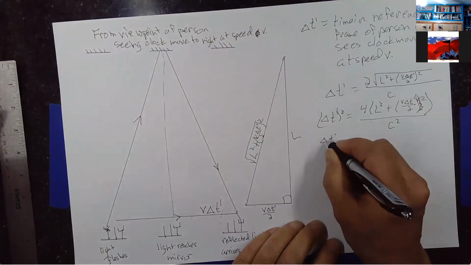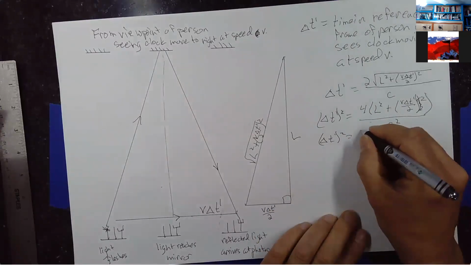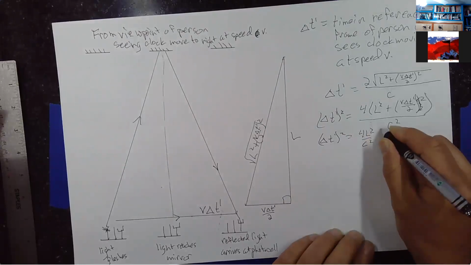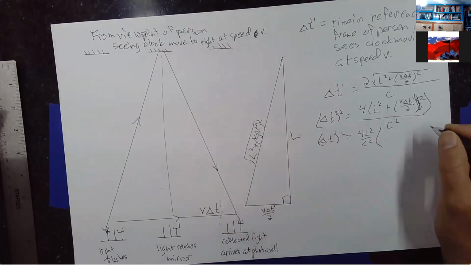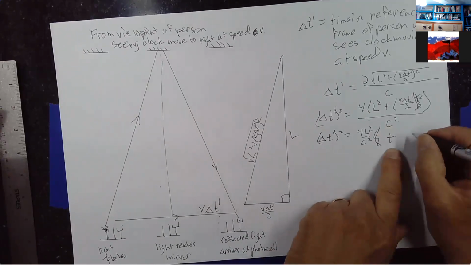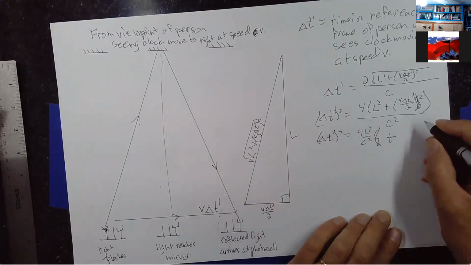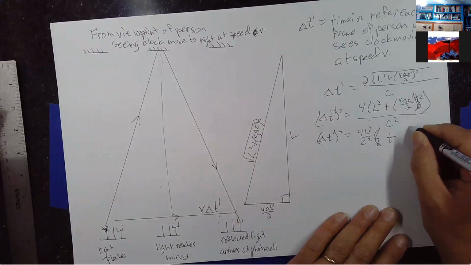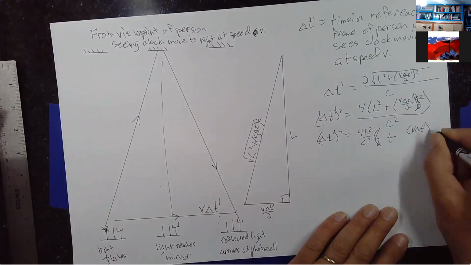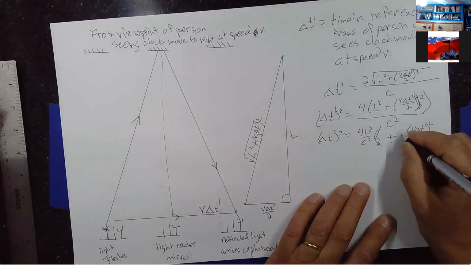Delta T prime squared is going to be, the first part of this will just be 4L squared over C squared. And then, plus, excuse me, when I square this, I'll get V squared delta T prime squared over 4, but I'm multiplying that by 4.